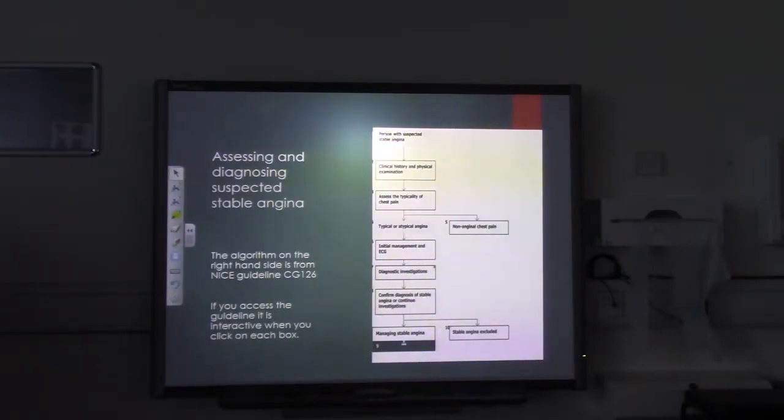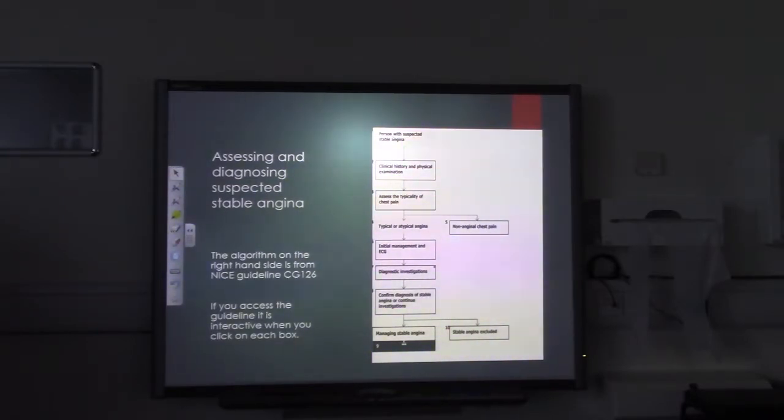So chest pain related to activity responds to GTN spray or a sublingual tablet. If it is typical or atypical angina, then we look at initial management and an ECG. Other diagnostic investigations then confirm the diagnosis of stable angina or continue with investigations, and then we will manage stable angina. We'll talk a little bit about that as we go on through the next slides.